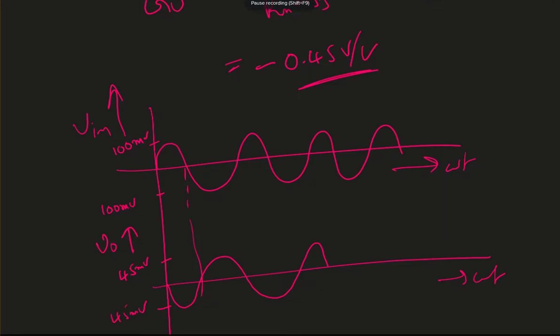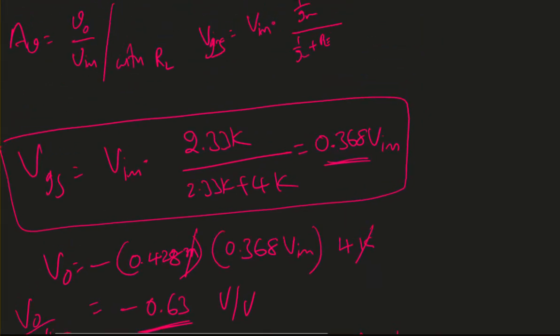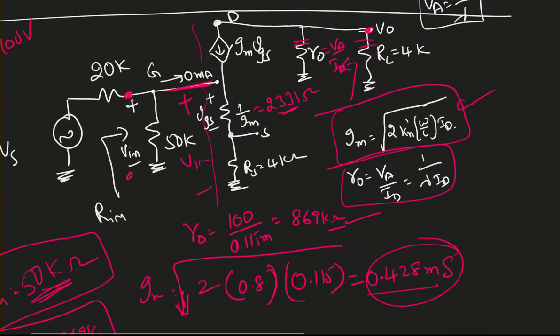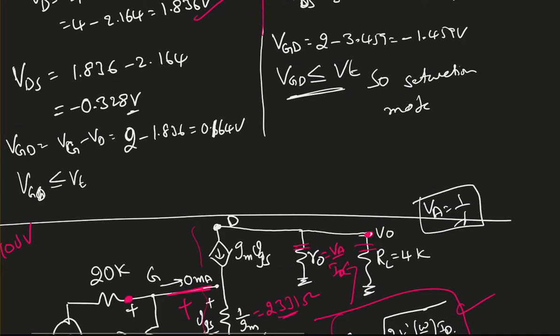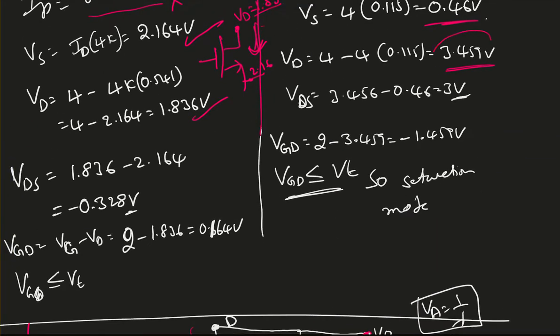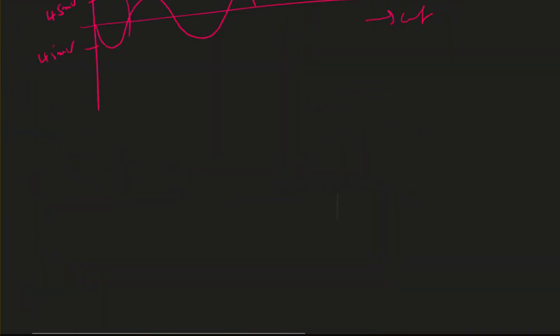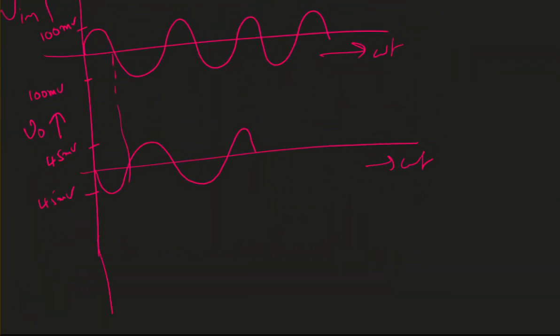Now sometimes we need to include the drain voltage. What we have is the drain voltage VD, 3.459. If we include the drain voltage 3.459, because my output is connected to the drain, it's going to look something like this.